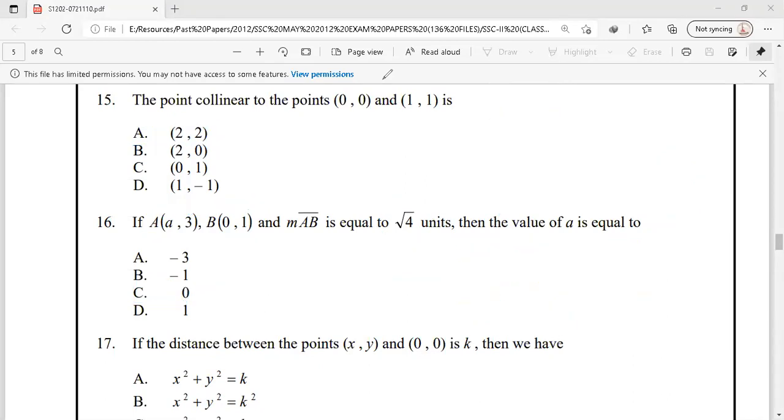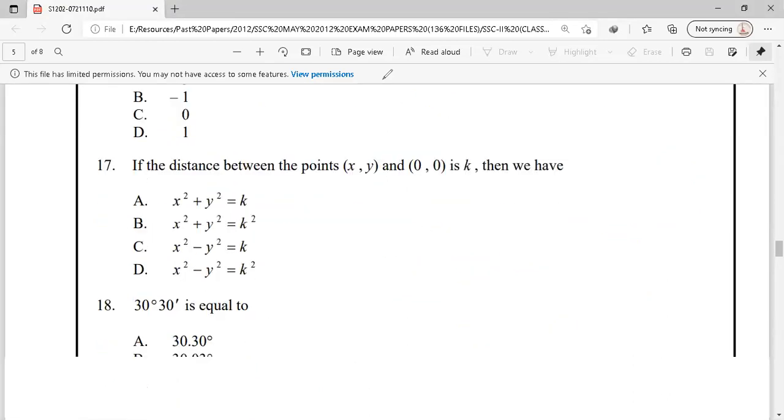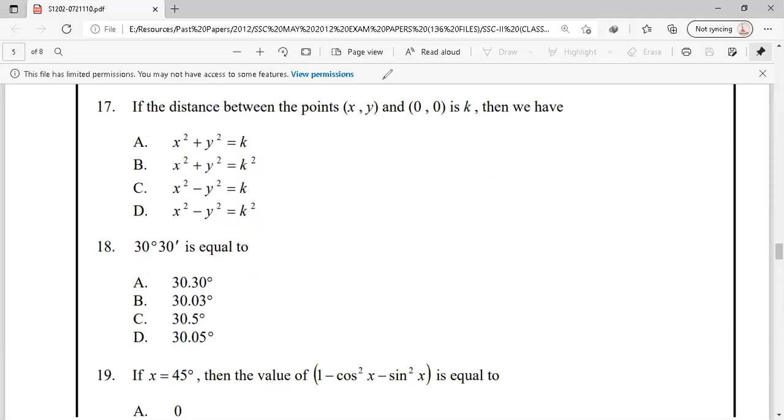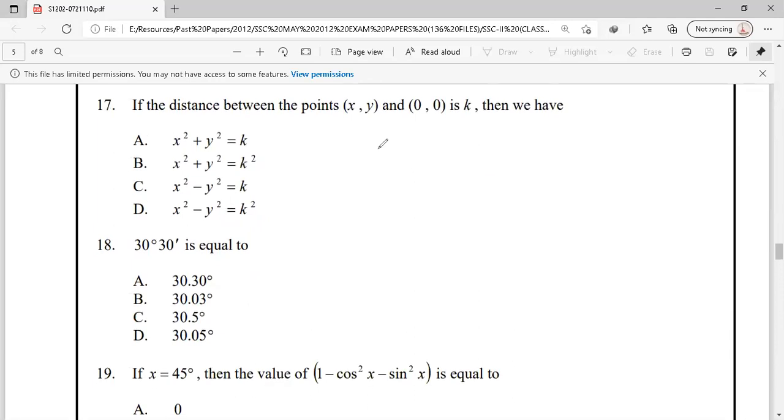Let's see question number 17 and 18. If the distance between these 2 points is k, what will be the equation of this situation? We have 2 points. Let's say this is x1 y1 and this is x2 y2.